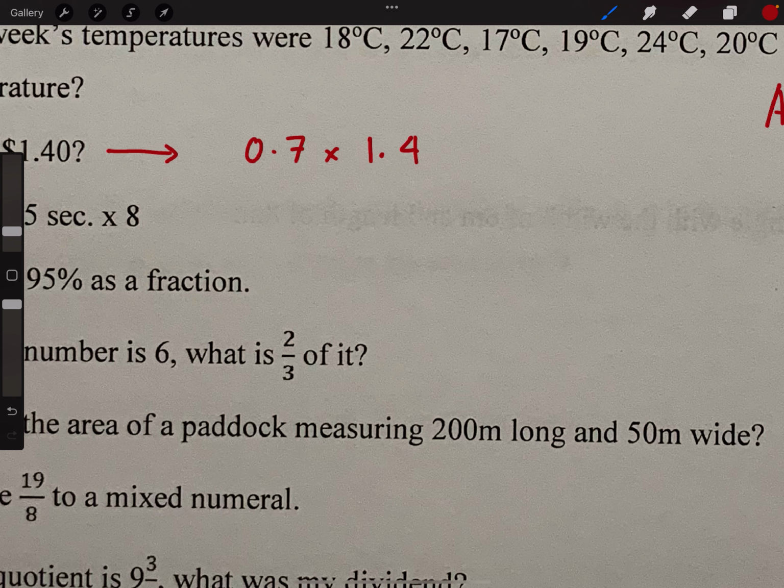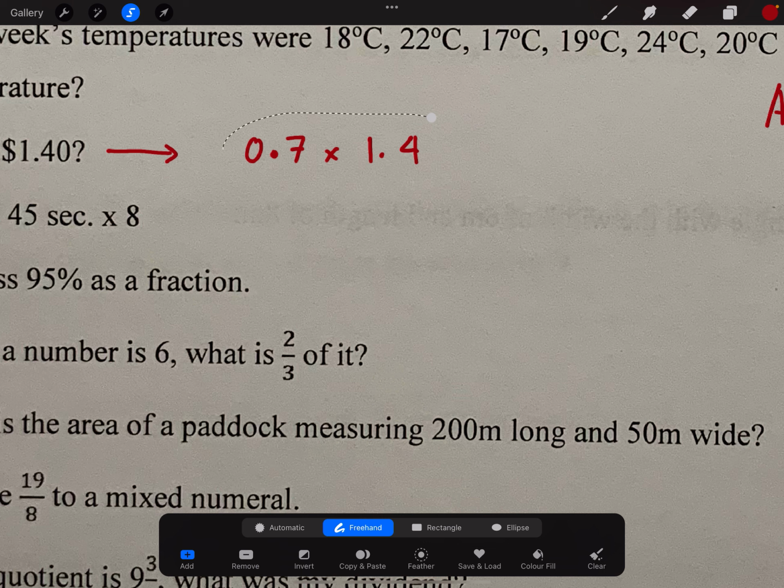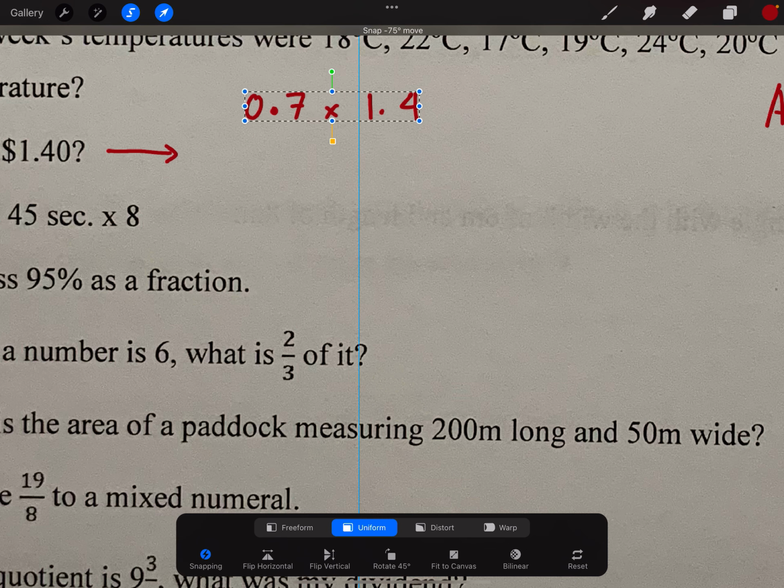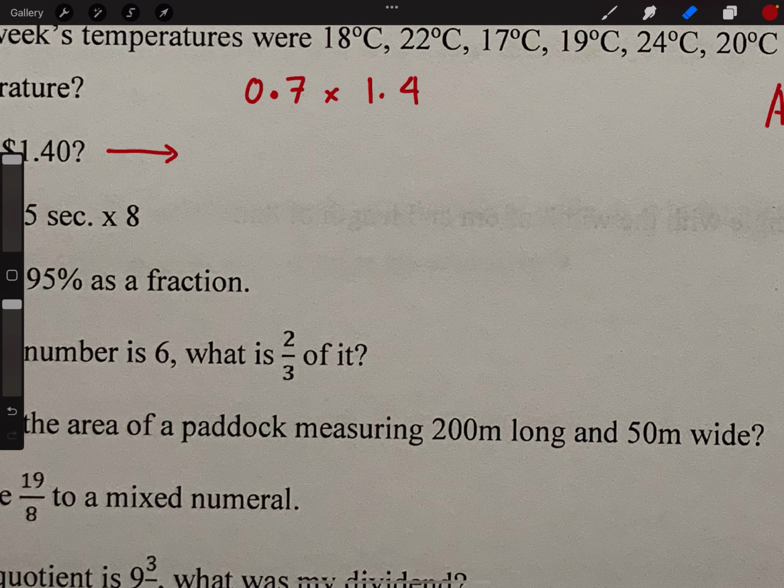What we do with this trick is I'm going to get rid of the decimal. Actually, I'm going to rewrite this up here. Okay, so I want to get to the point where I'm going to do 7 times 14. I don't want to do decimals. I just want to multiply 7 and 14.